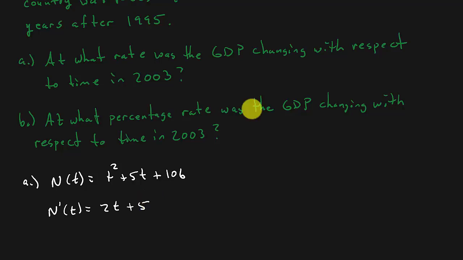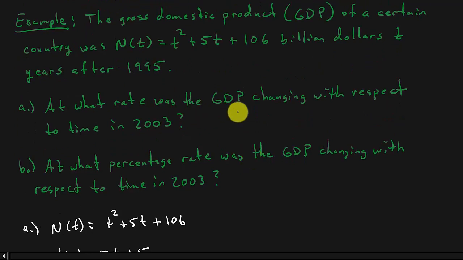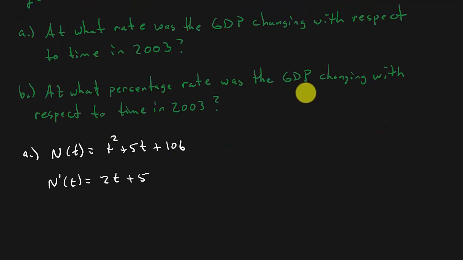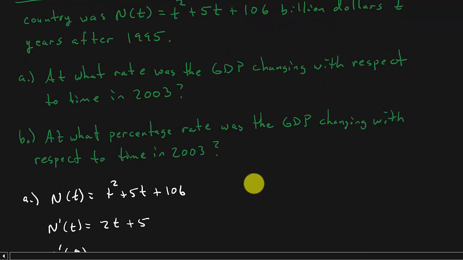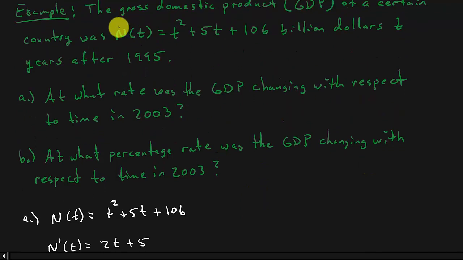Now, what do they want to know? They want to know at what rate the GDP was changing with respect to time in 2003. So we would evaluate N prime of t at 8. Why 8? Because the GDP is given t years after 1995, so 1995 represents t equals 0, and 2003 would be 8 years later.